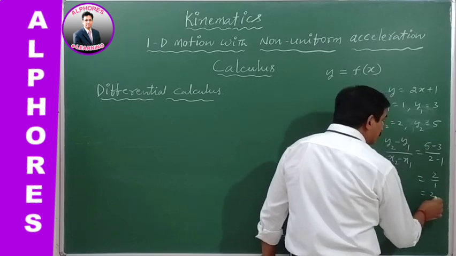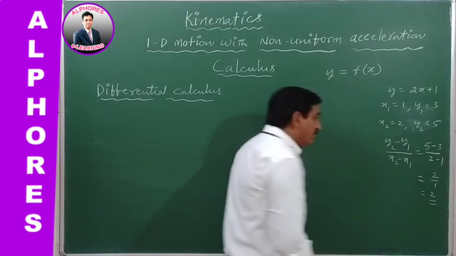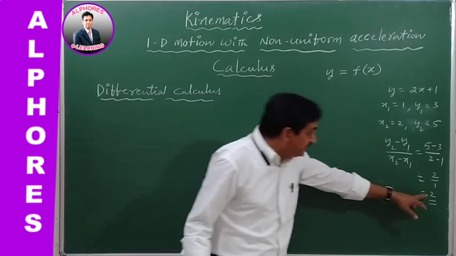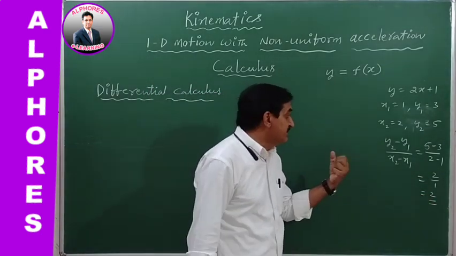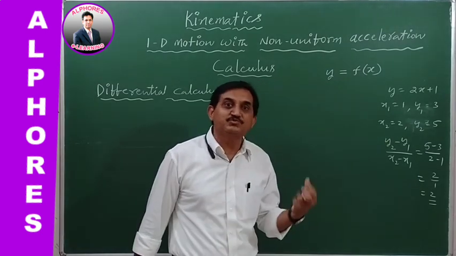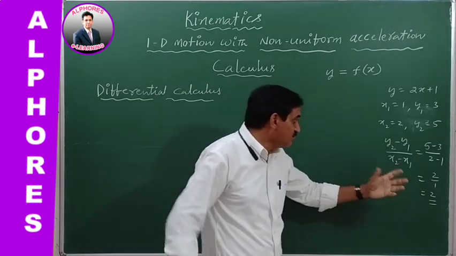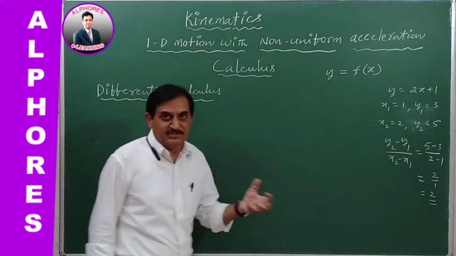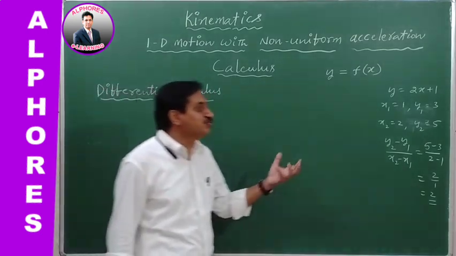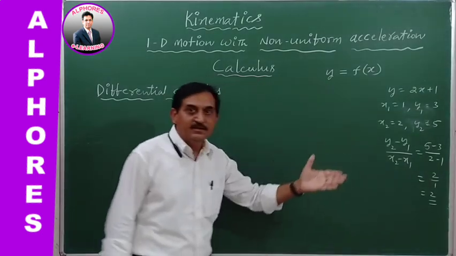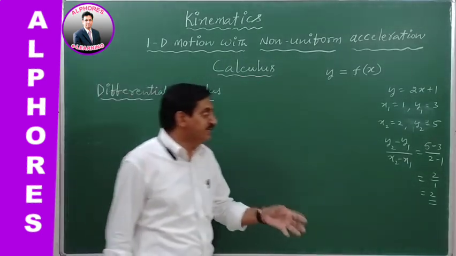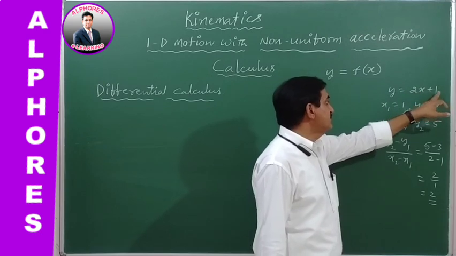This is finally 2 by 1, this is 2. 2 is the amount by which it is changing. So 2 is the value which is the rate of change of y with respect to x. So this is called differential calculus. Means the basic idea to understand, I gave this example, but let us go through the concept. See here, y is the function 2x plus 1.